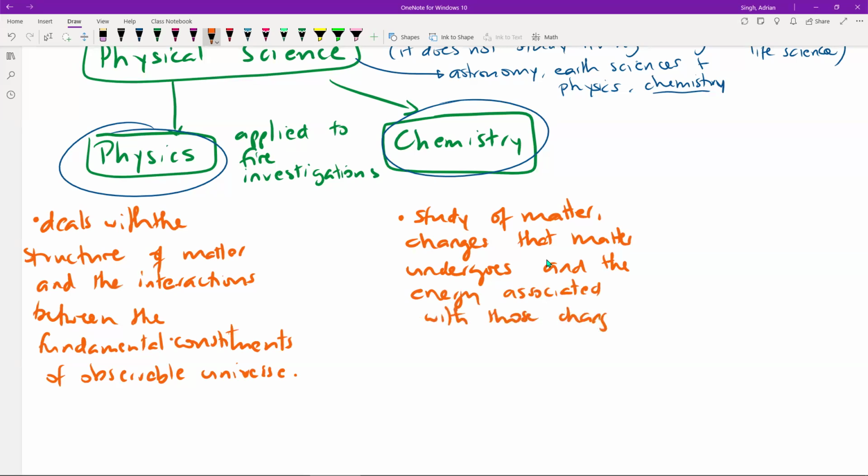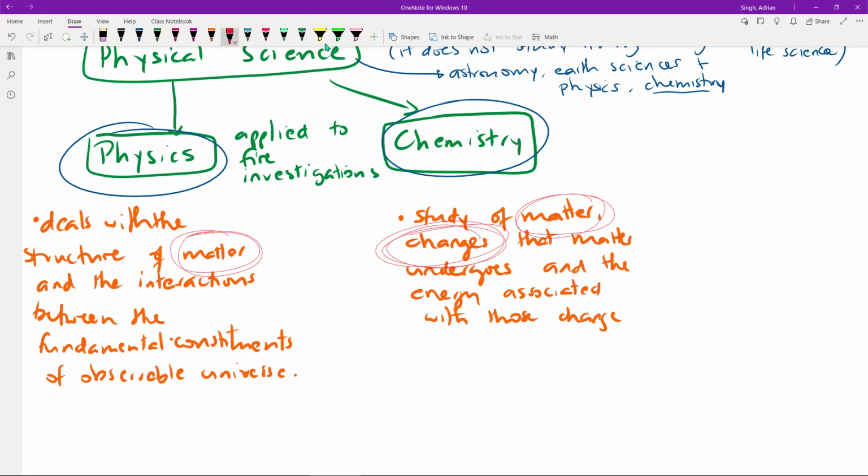Okay, so both chemistry and physics involve the study of matter, and interactions between matter itself, that's also what we see in chemistry as well. And then the changes, that's the key thing about chemistry, looking at changes that matter undergoes, and any energy that accompanies those changes as well.